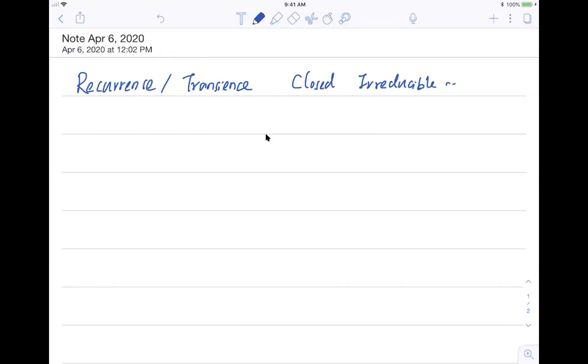But before that, let's just recall two basic theorems. The first is the characterization of recurrence, right? So as I said, y is recurrent if and only if rho_yy actually equals 1, right?